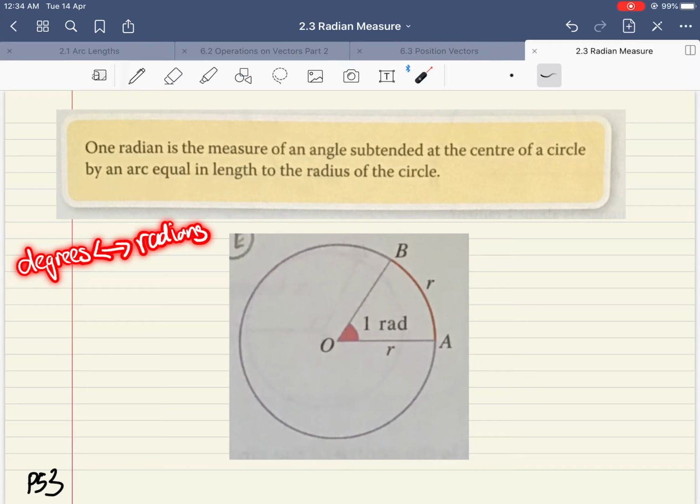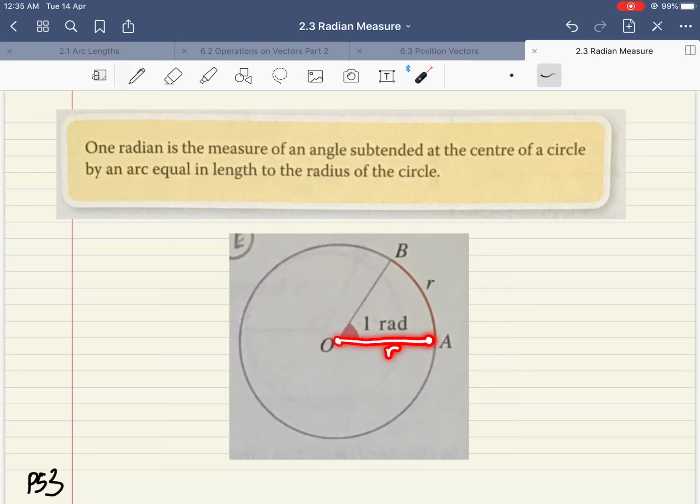It's called radians. Both of these units deal with angles and how large angles are. So you can talk about it in degrees, you can talk about it in radians. So what is a radian? Imagine you have a circle, as shown down here.